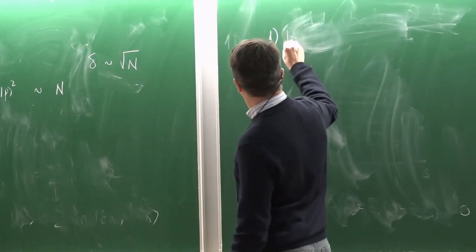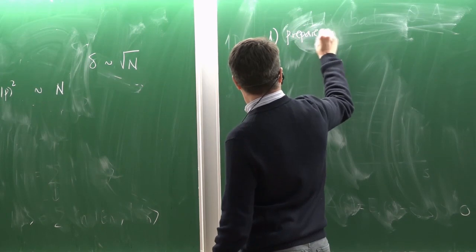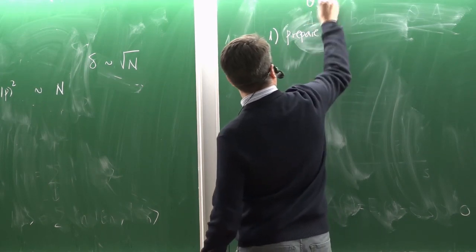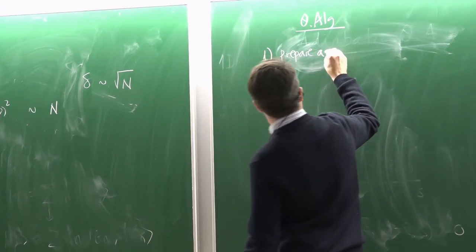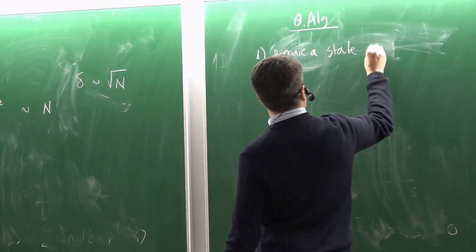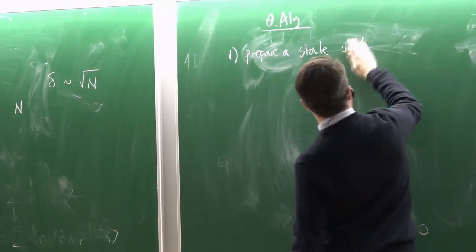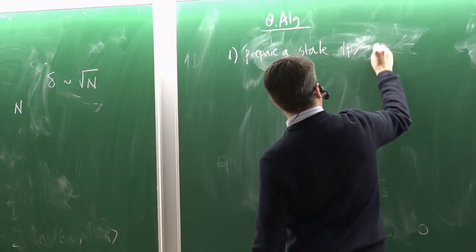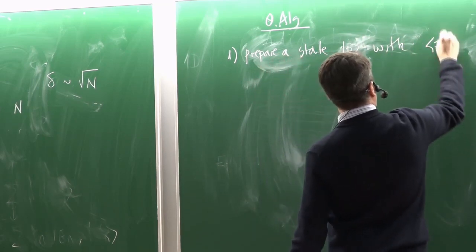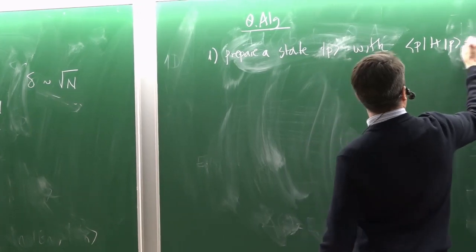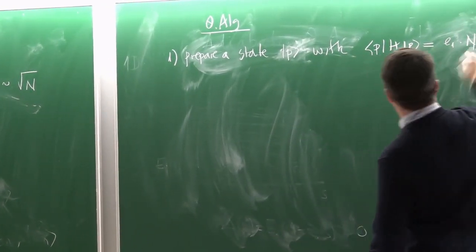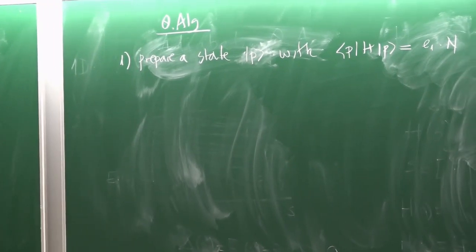Step number 1 would be to prepare a state with the mean energy, some state, let me call it P, with PHP equal to E1 times M. So that's the prescribed energy, but I'm not imposing that it has the right variance in energy.